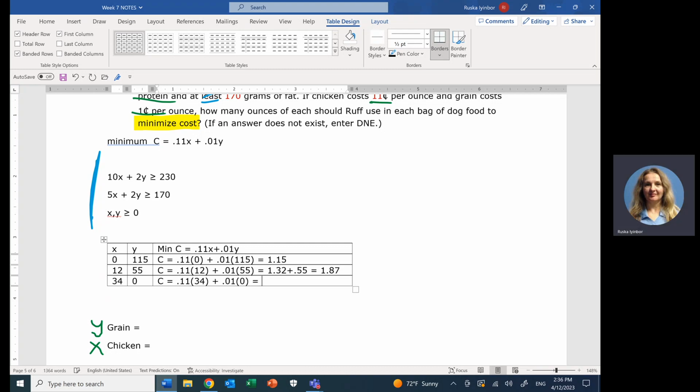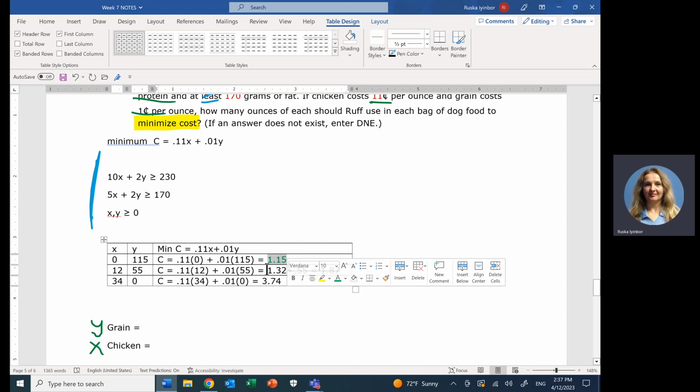This is going to give me the price if you don't use any grain, if you use only chicken, which probably should be the most expensive one. And when I multiply those two numbers, that's going to be $3.74.